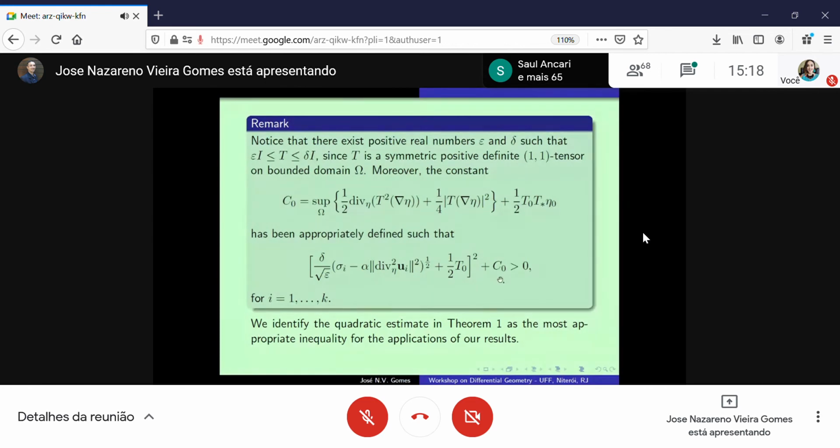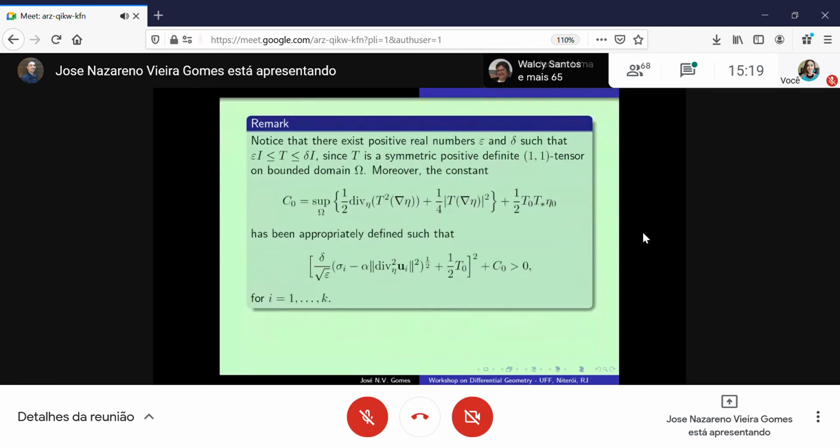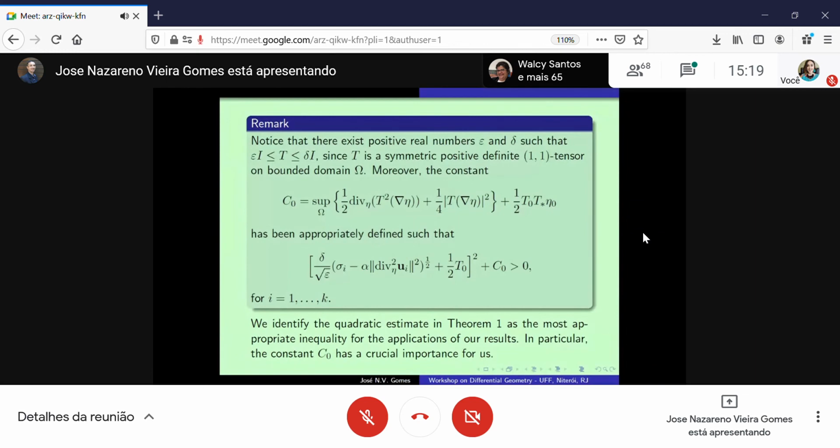We identify the quadratic estimate in theorem 1 as the most appropriate inequality for the application of our results. I am talking about this very technical estimate, but very useful. In particular, the constant C0 has a crucial importance for us.